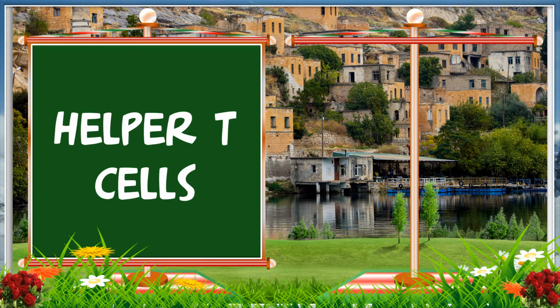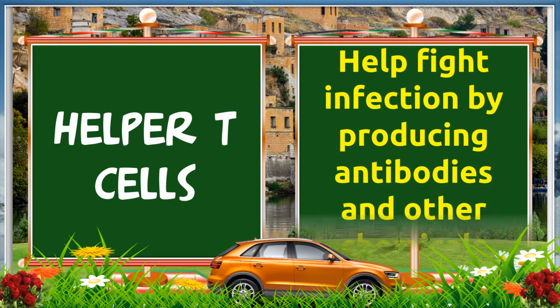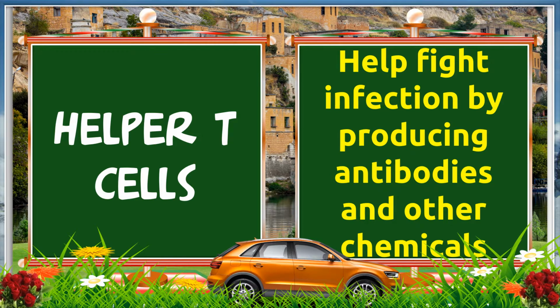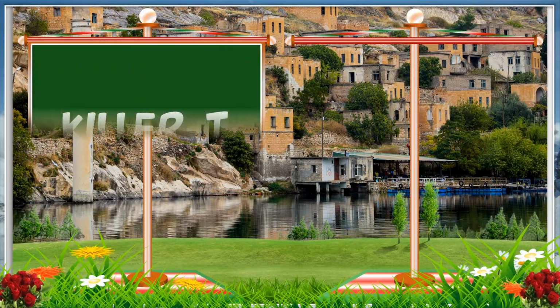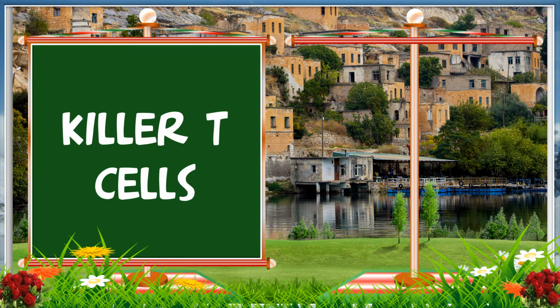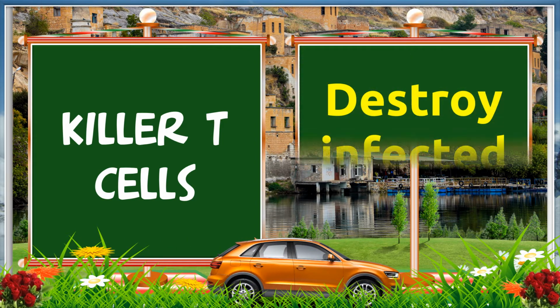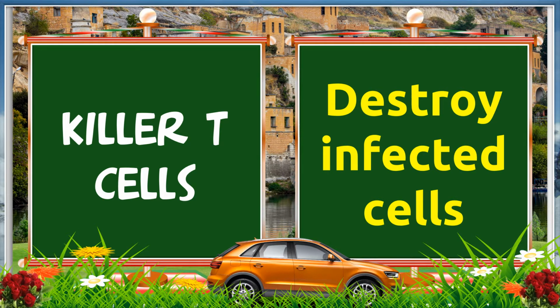Helper T cells help fight infection by producing antibodies and other chemicals. Killer T cells destroy infected cells.